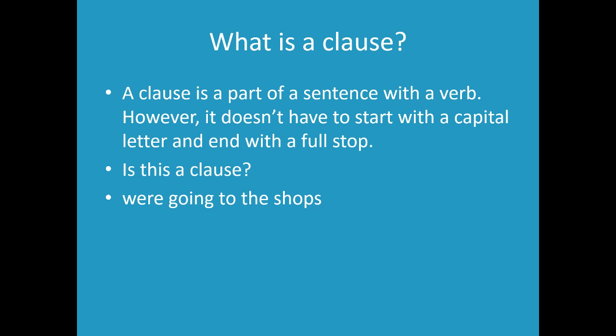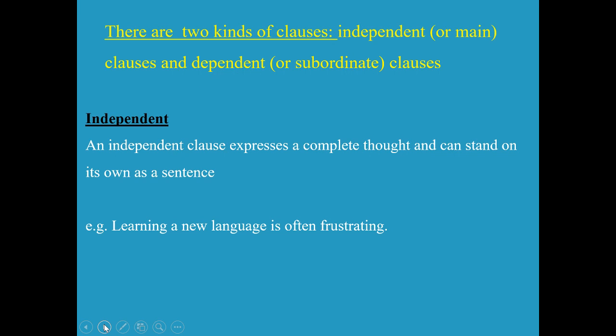So what did we understand here? A clause can stand alone if it gives you a full meaning, and it does not have to start with a capital letter and end with a full stop. There are two kinds of clauses, dependent and independent.